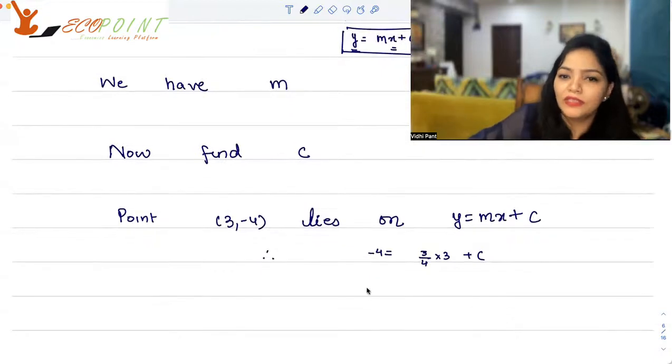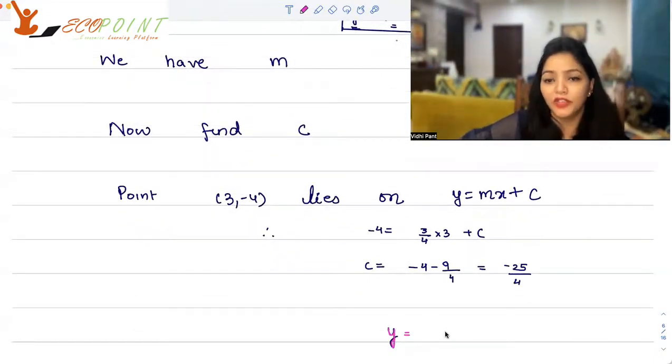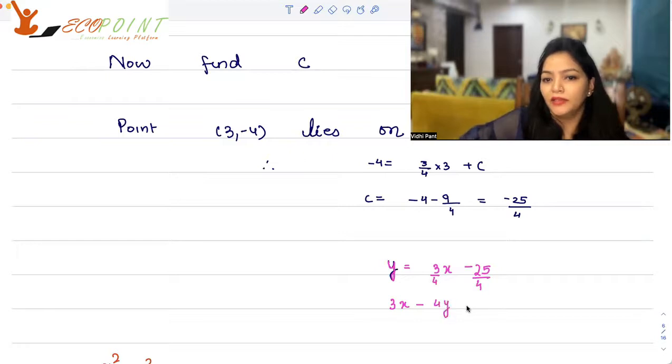That gives C equals -25/4. After the calculations, y is equal to 3/4 x minus 25/4. So the equation of the tangent is 3x minus 4y is equal to 25.